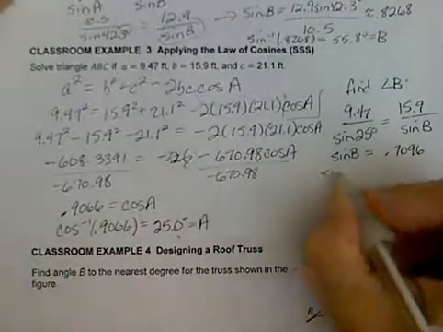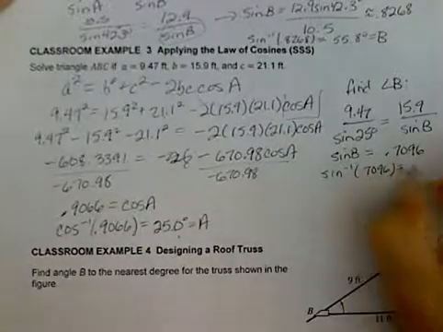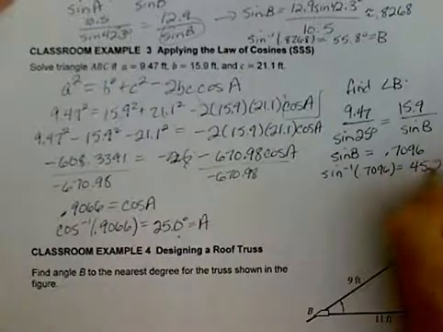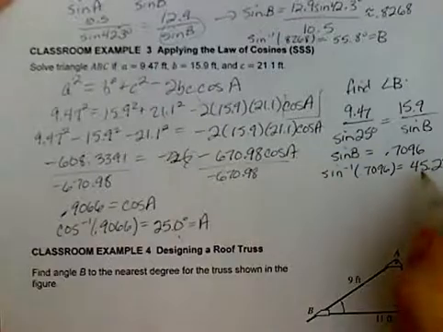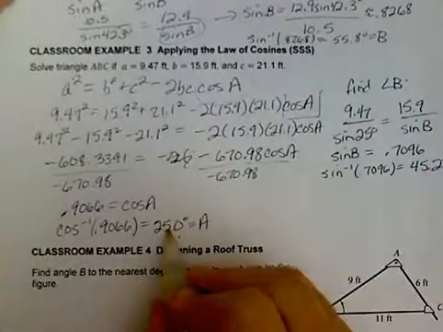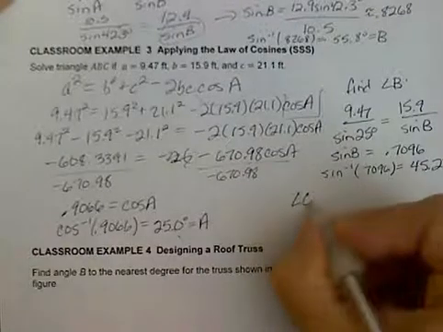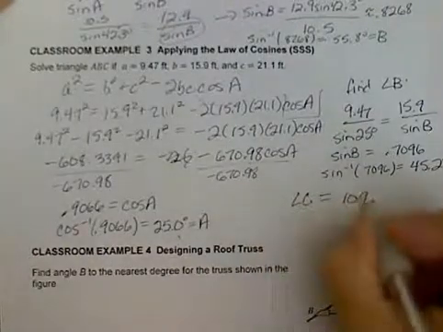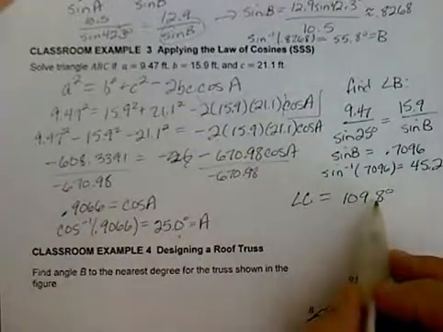Then I would do the inverse sine to get my B, and that turns out to be 45.2 degrees. Then I can take my two angles that I know, add them together, and subtract from 180 to get my angle C. Turns out my angle C is 109.8 degrees.